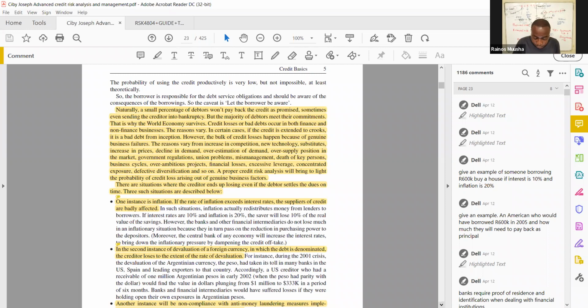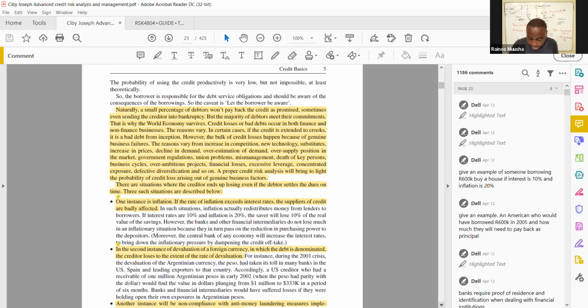The reasons vary from increasing competition, new technology, substitute products offered by competitors, increase in prices, decline in demand, overestimation of demand, oversupply in the market, government regulation, union problems, mismanagement, death of key persons, business cycles, overambitious projects, financial losses, excessive leverage, concentrated exposure, defective diversification, and so on.